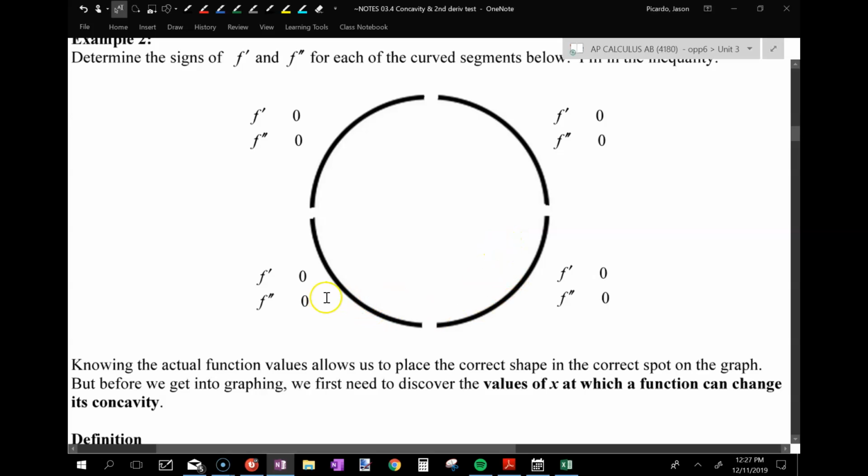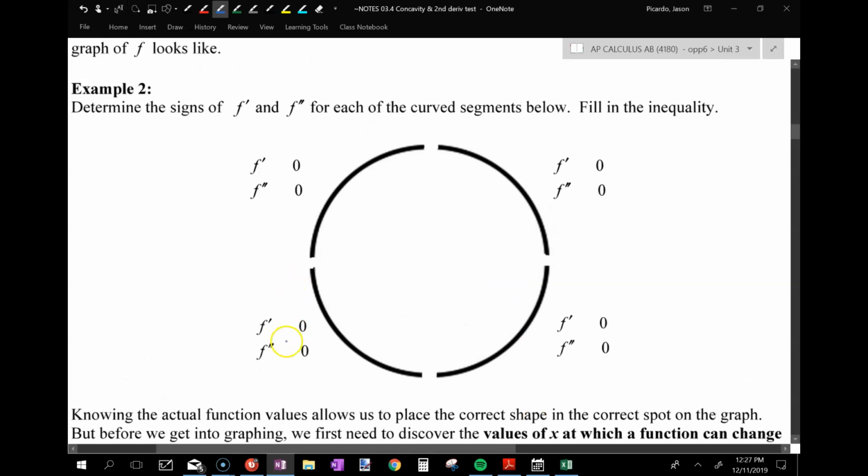So for both of these pieces, the second derivative would be greater than 0. Now these two pieces create concavity shaped like a frown, which means we're concave down, and when we're concave down, the second derivative is less than 0.